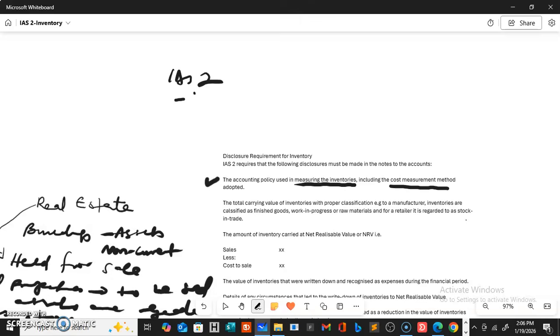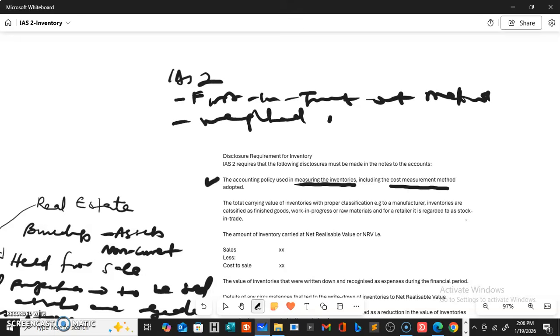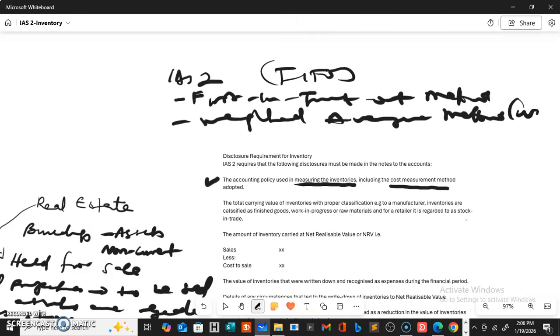first in, first out method, and weighted average method. This is known as FIFO, and this is known as WAM, okay, WAM.